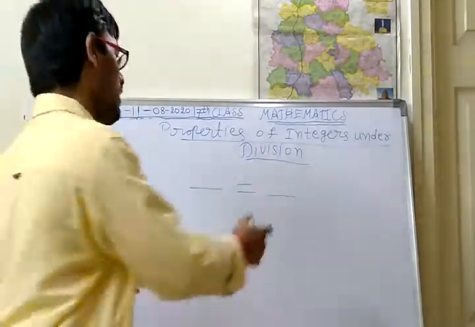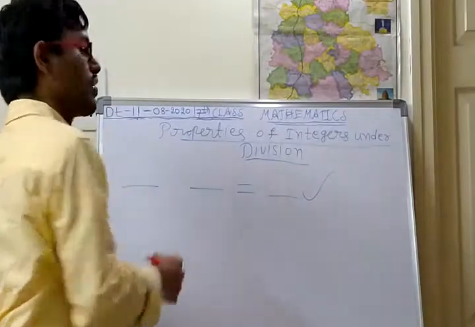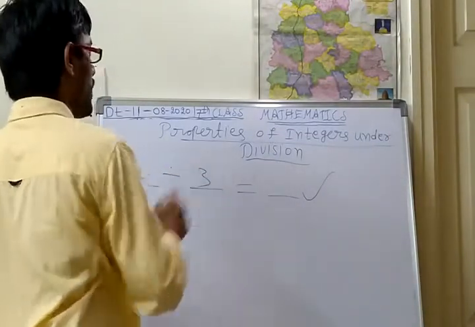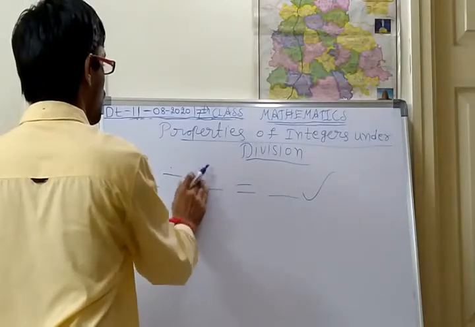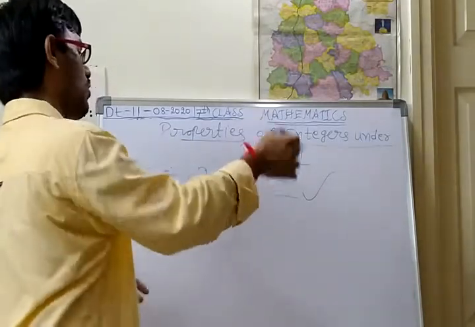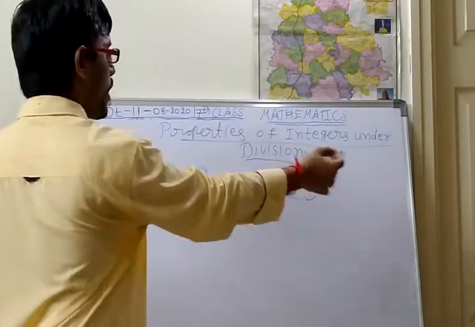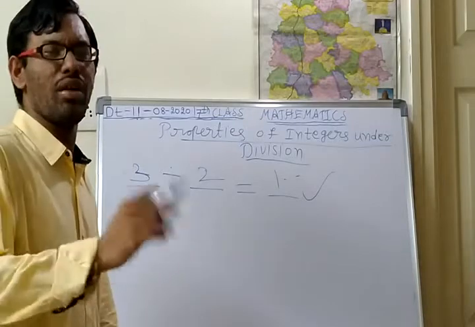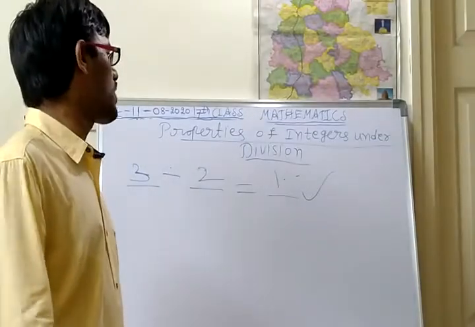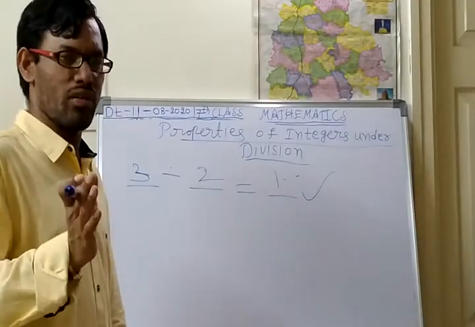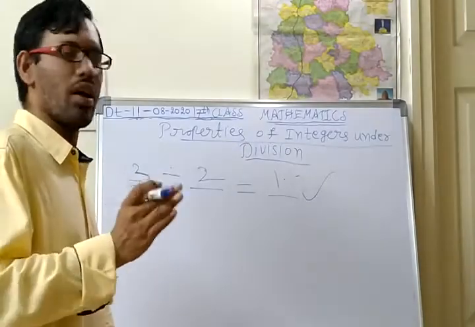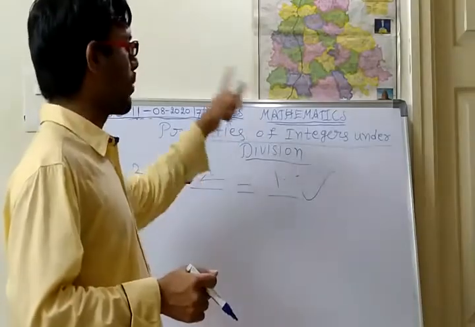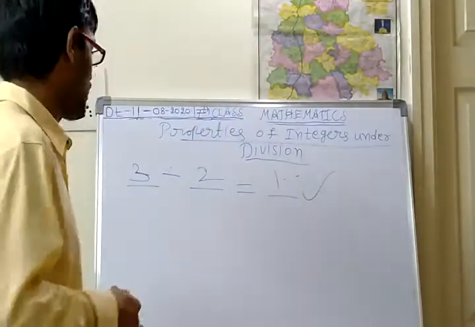For example, 2 divided by 3, or else 3 divided by 2. What is 3 divided by 2? It comes to 1 point something. So here some changes have come, and in division of integers there might be some differences. So here we shall see the properties of integers under division.